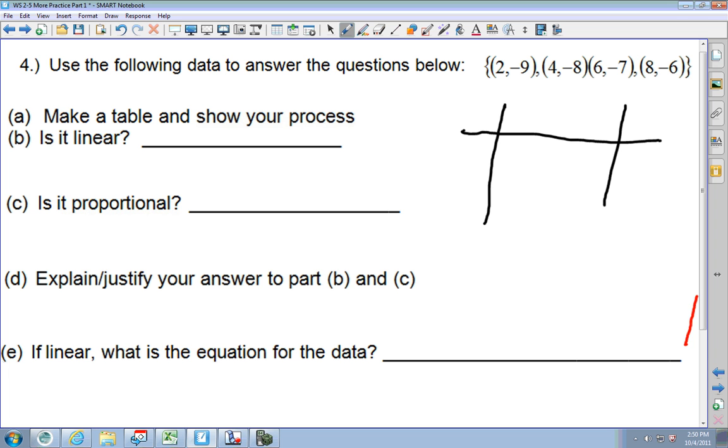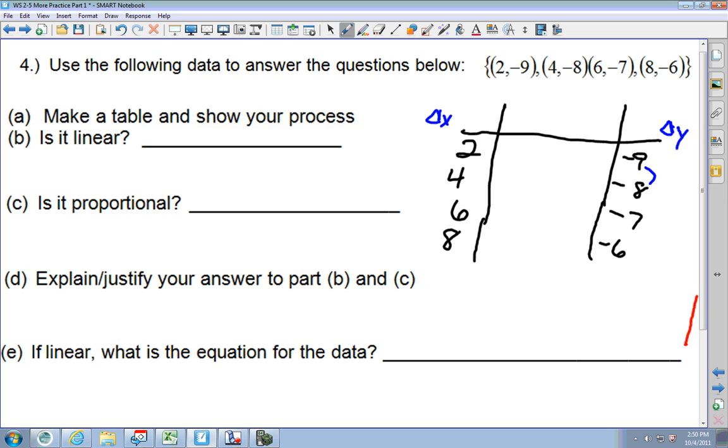And I have 2, negative 9, 4, negative 8, 6, negative 7, 8, negative 6. Well, now I'm going to do delta y over delta x.